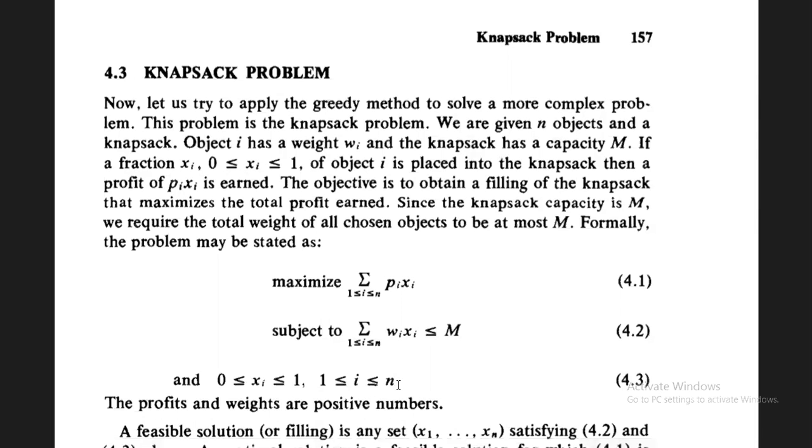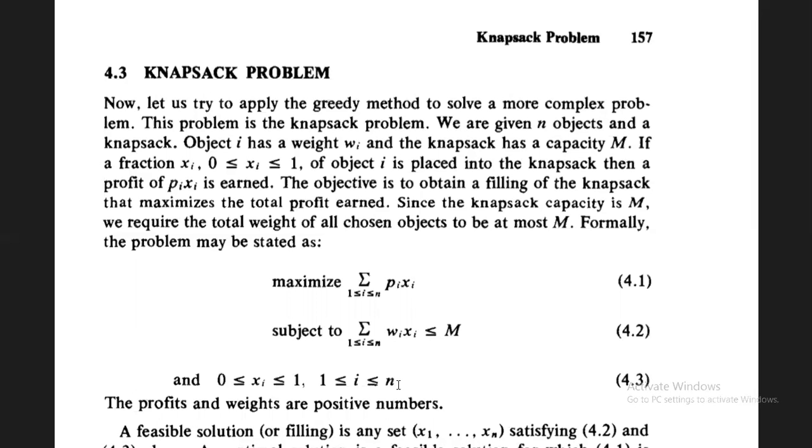I repeat, you are given the knapsack. Knapsack capacity is capital M, and small n is the number of objects. Each object has its own weight and its own profit.